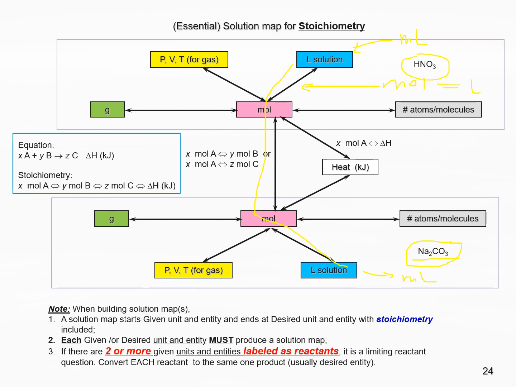It does not represent exactly this solution map, but it provides an essential solution map for whatever the problem is. So for example, in ours, what we need here is we extend liters to milliliters on both sides. This is all we need.